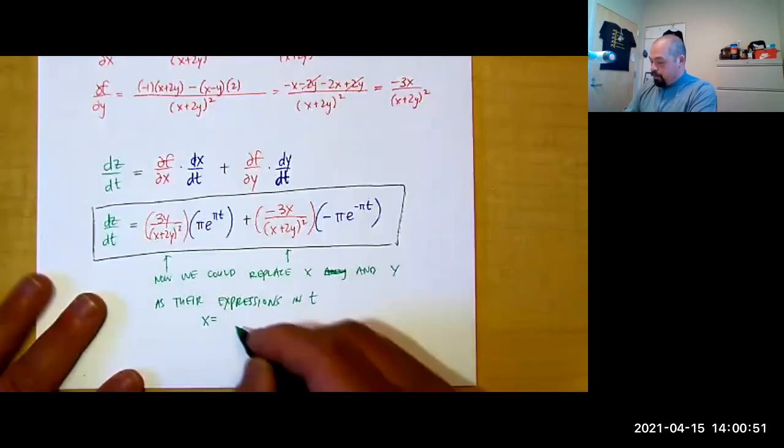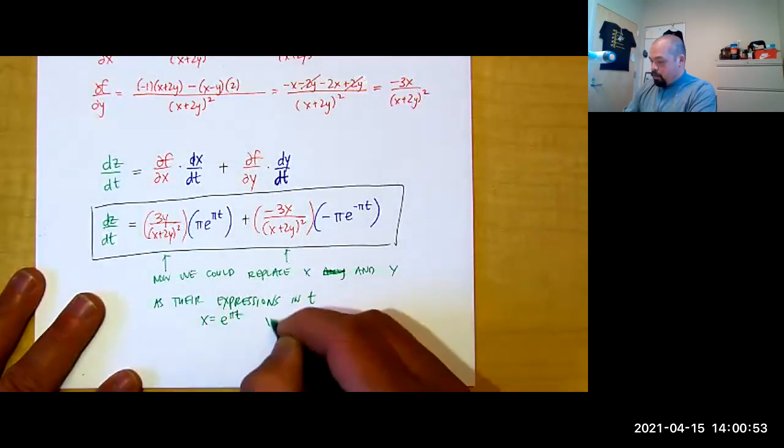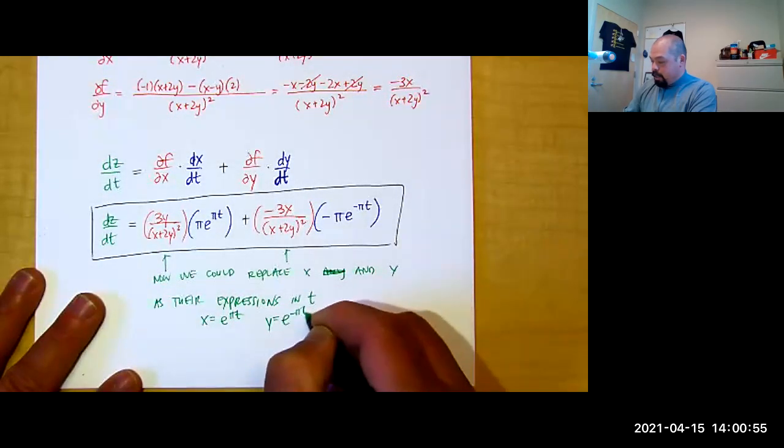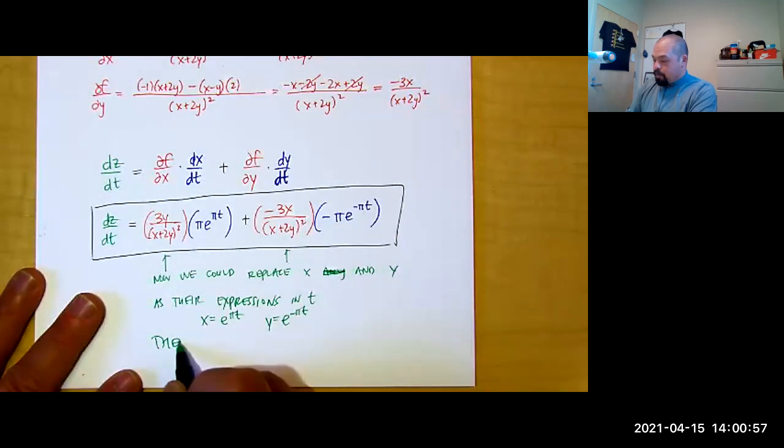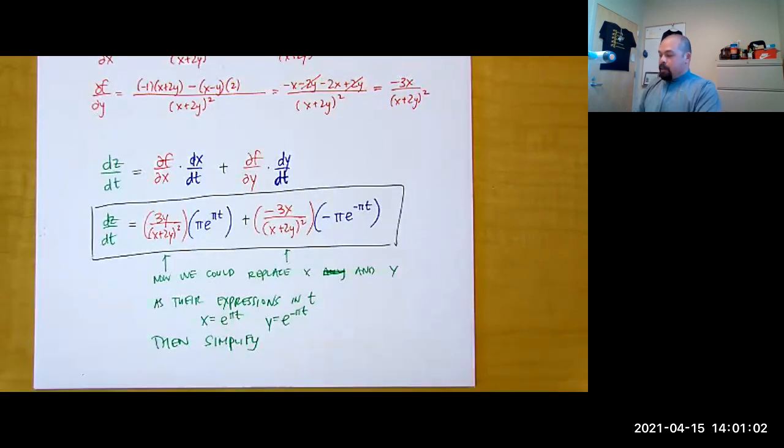X was equal to e to the pi t, y was e to the negative pi t, then simplify to see how those expressions may work together, simplify out, if at all. But we could do that work. Okay. All right.